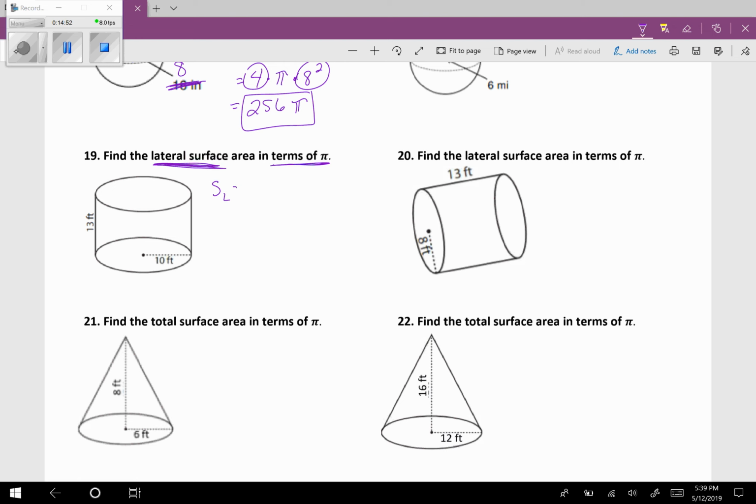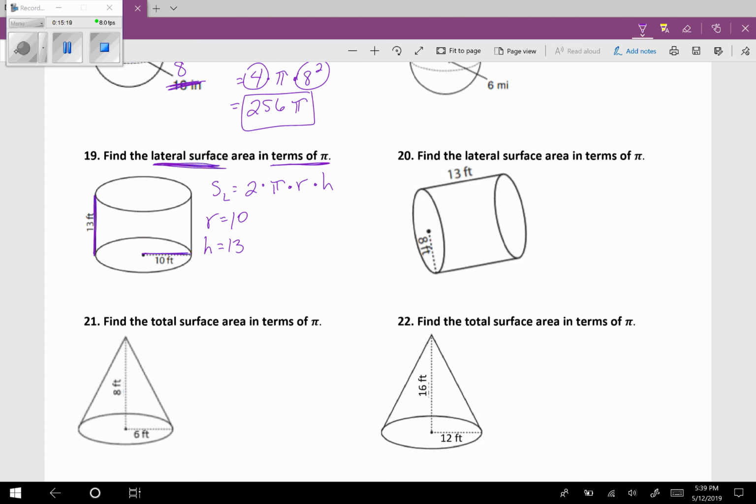So the lateral surface area, and again, these are all in the formula charts. So 2 times pi times r times h. So 2 pi rh. So r, radius. What's the radius of my cylinder? 10. H, what's the height of my cylinder? 13.